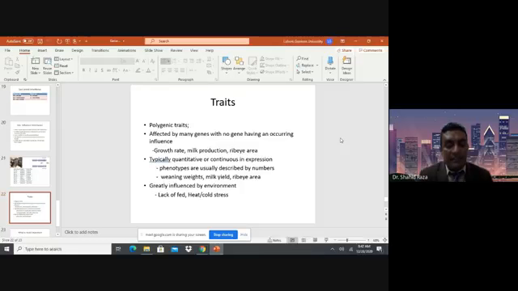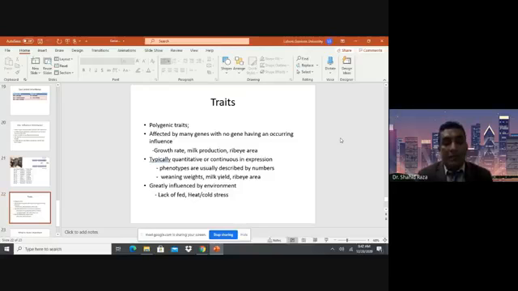Lack of feeding, or not providing a proper environment, like too much heat or too much cold, will create stress for the animal. Once there is stress, whether due to heat, cold or lack of feeding, what will happen? Their growth rate, milk production and weight gain will be affected.